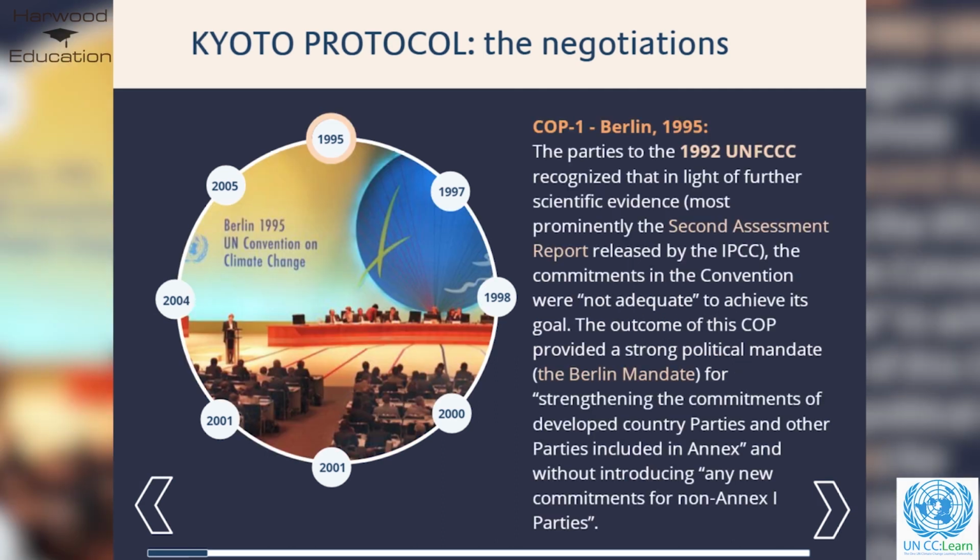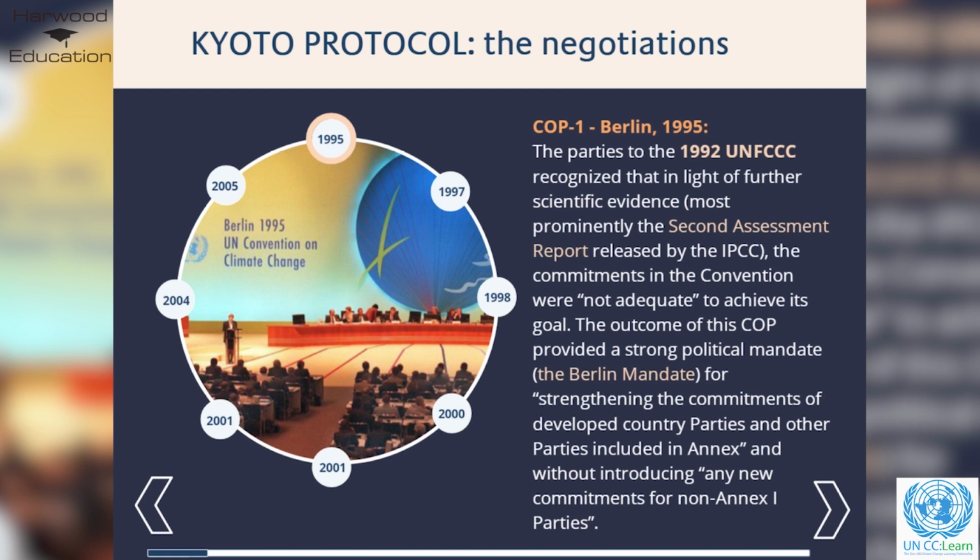1995. COP1, Berlin. The parties to the 1992 UNFCCC recognized that in light of further scientific evidence, most prominently the second assessment report released by the IPCC, the commitments in the convention were not adequate to achieve its goal.